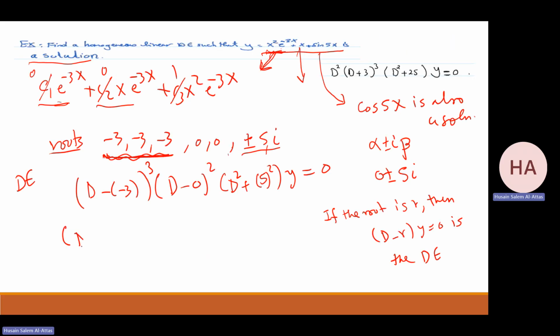So that gives me what? D plus 3 to the power 3, D squared plus 25, and y equals 0, which is this one. Yeah, the operator is commutative, so this one before this or this one before that is the same.